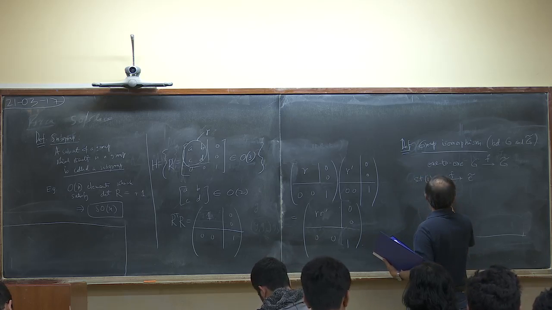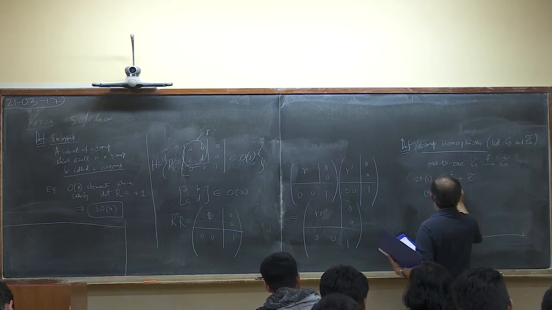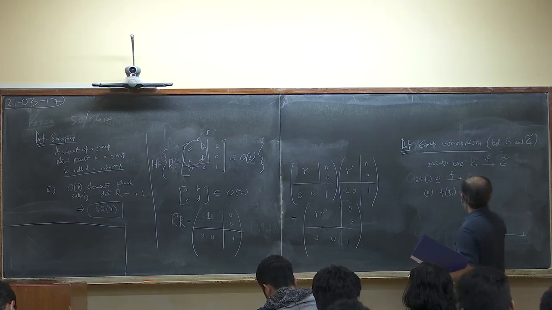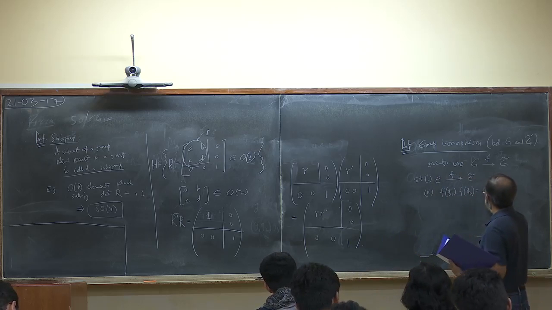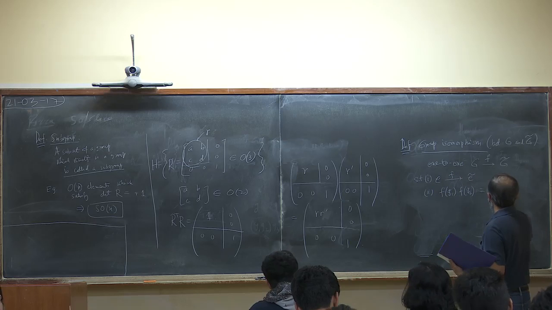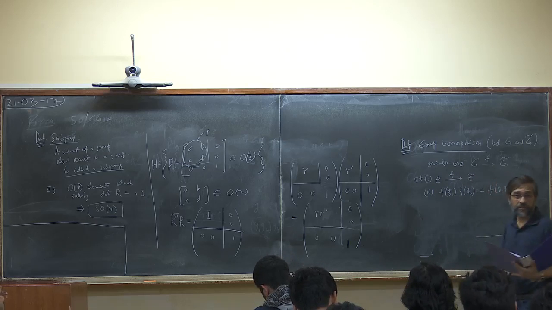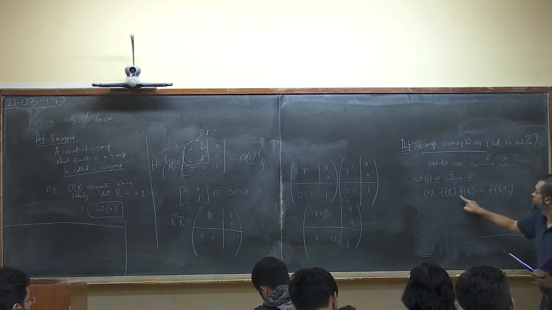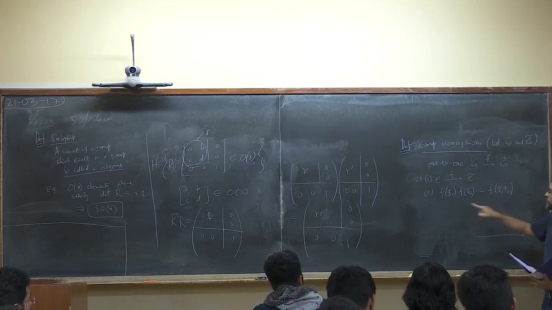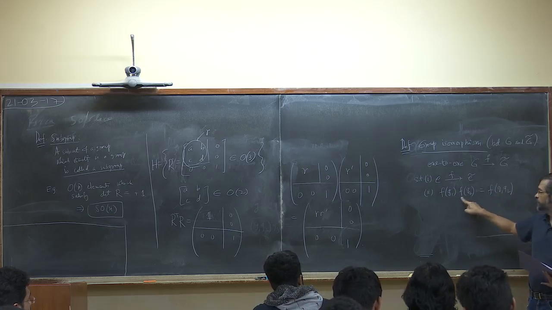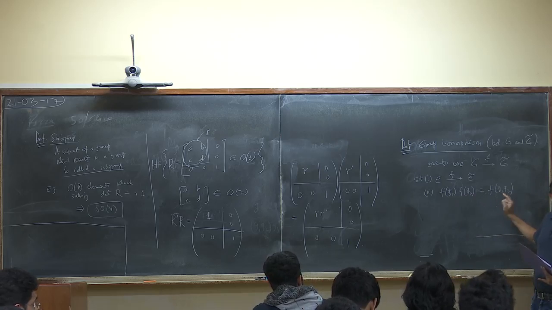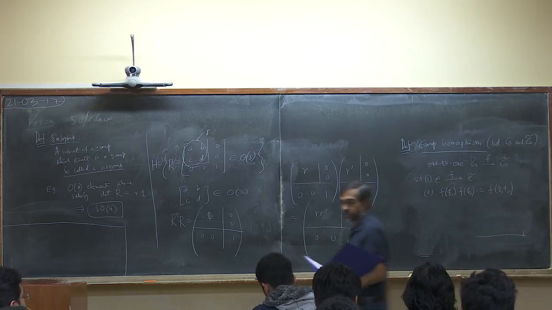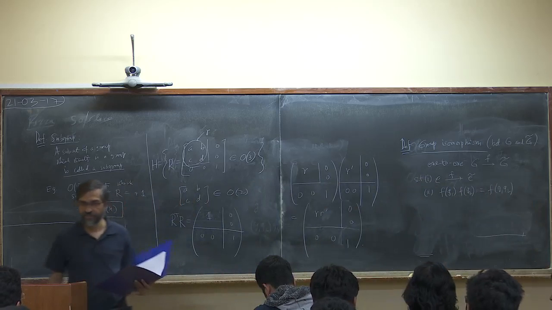Furthermore, this should respect, should be compatible with the multiplication in G. If you multiply g1 and g2 inside G, or you map them to f of g1 and f of g2 and multiply according to the table of G tilde, whether you do the multiplication according to the table of G or of G tilde, you will find the same thing.